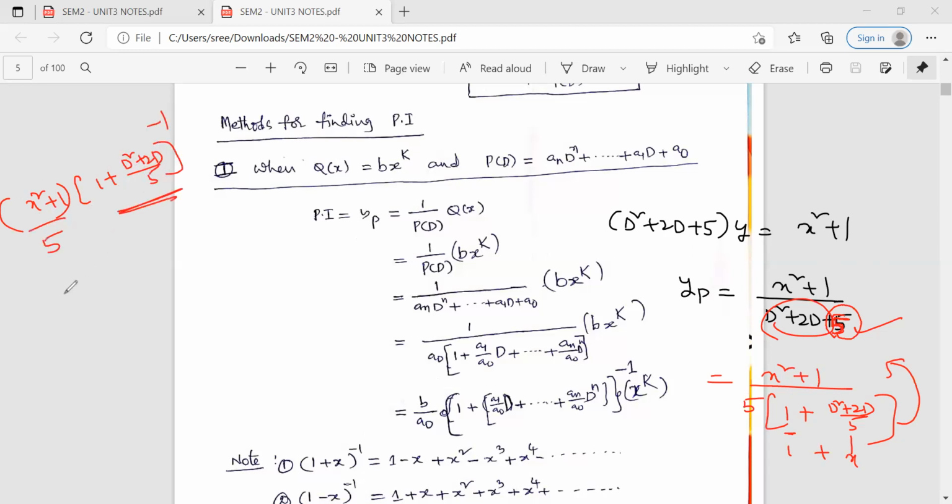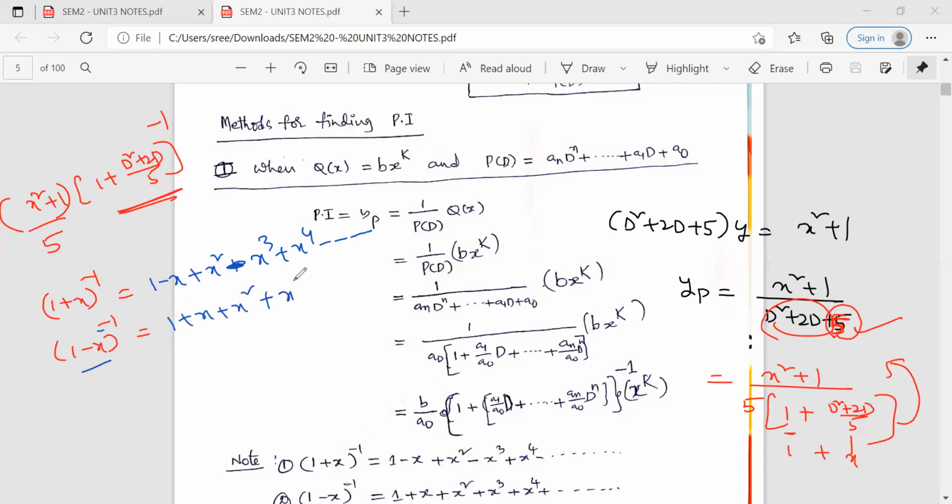That means 1 plus X whole power minus 1. Sometimes we get 1 minus X whole power minus 1. Do you know the expansion of 1 plus X whole power minus 1? It is 1 minus X plus X square minus X cube plus X power 4, like this. What is the expansion of 1 minus X whole power minus 1? All terms become positive.